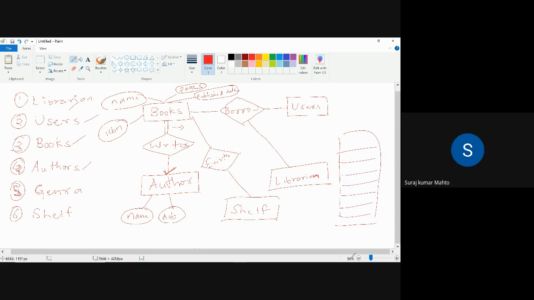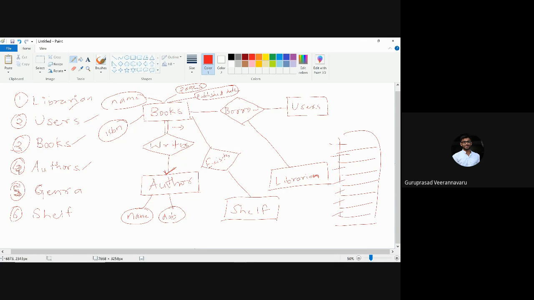You can have many books in one shelf. Let's keep shelf only. One shelf can have any number of books. So the relationship between books and shelf is one to many.